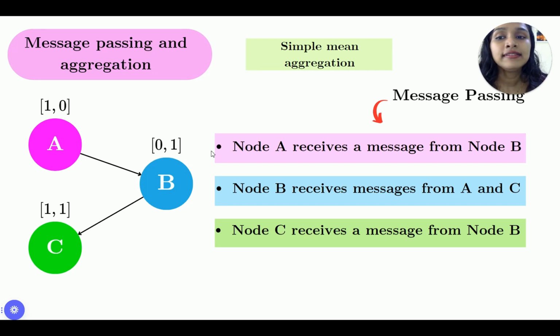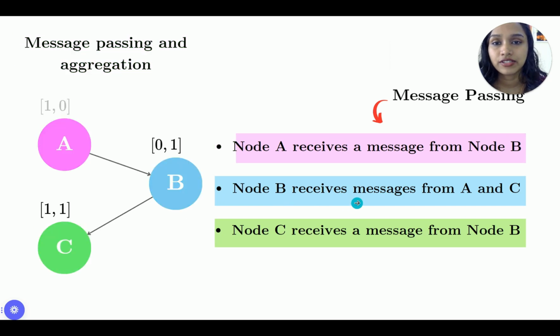So here node A receives a message from node B, node B receives a message from nodes A and C, and node C receives a message from node B, and this message is the feature vector of these nodes. This process of passing its feature vector to its neighboring nodes is called message passing. And here we use a simple mean aggregation for aggregating the messages.